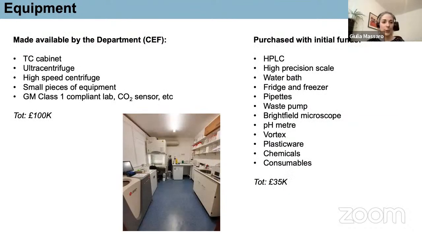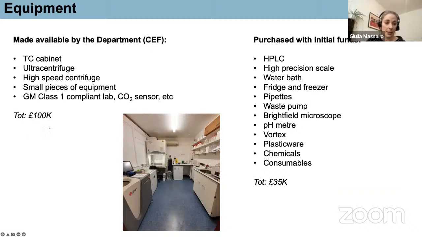In terms of equipment, we start from this picture. It looks big, but I can tell you that it is definitely not big. This is the very first room that we started with. We had some of the equipment made available by the department through the CEF funding application.